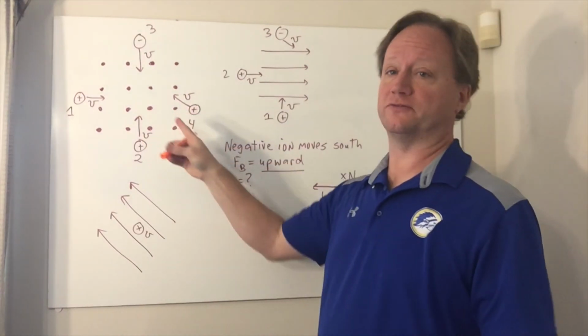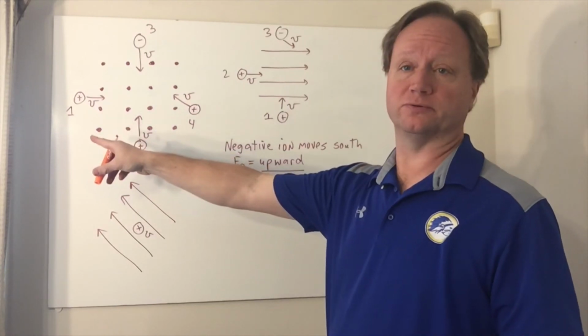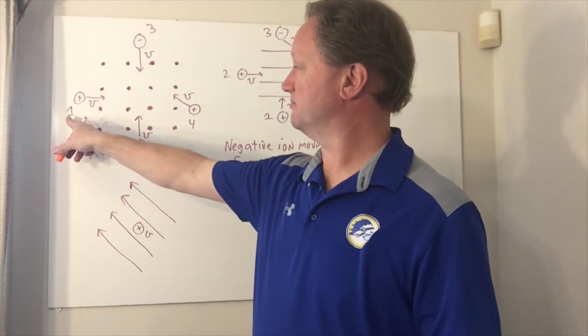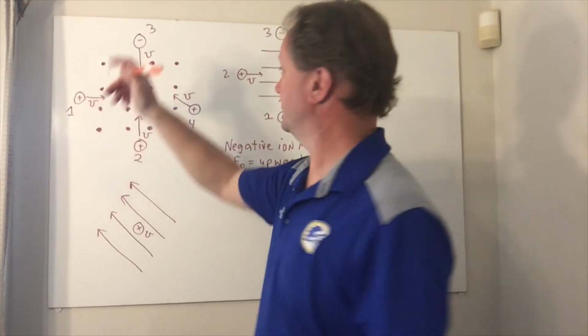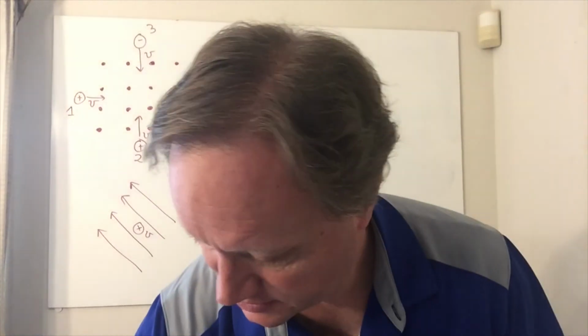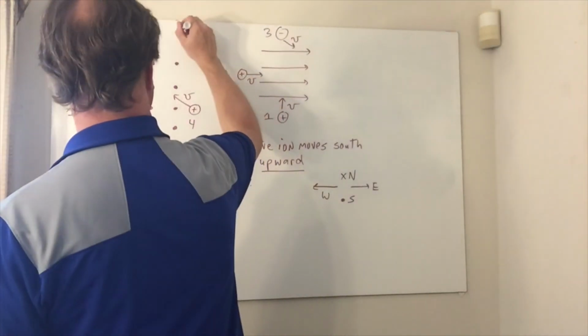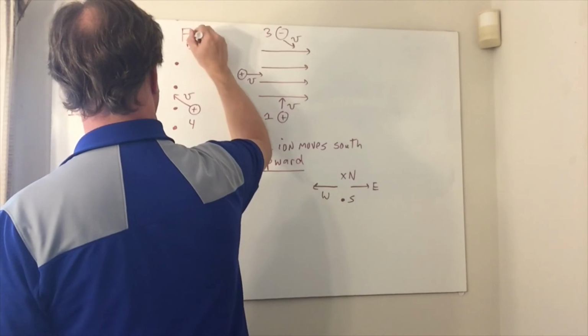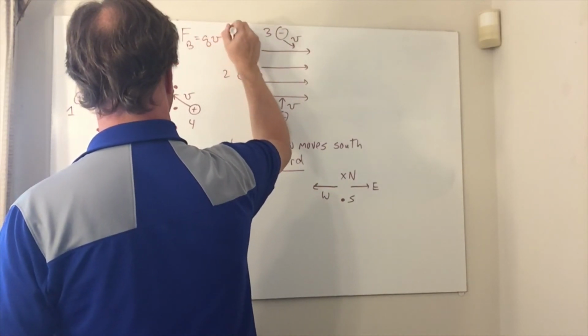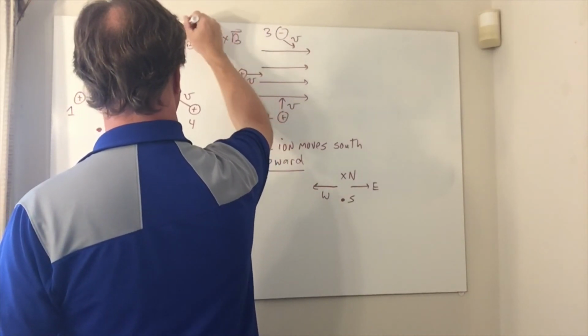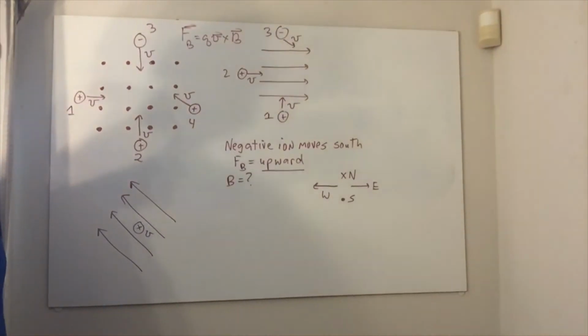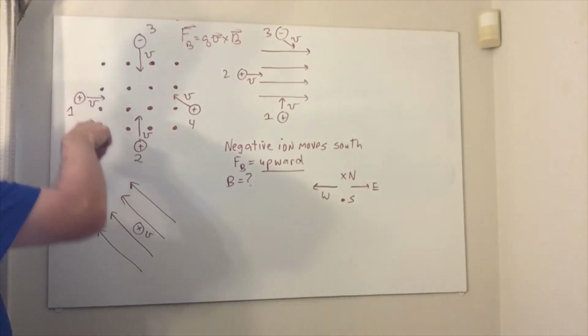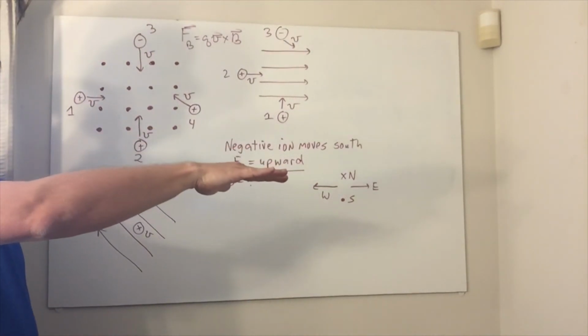So up here on our first diagram, I numbered the particles just to make it easier. So we have particle number 1, okay, our base equation. Again, that's dictating all of our directions. F equals QV cross B. Okay, so then coming over here to this one, V is in that direction.